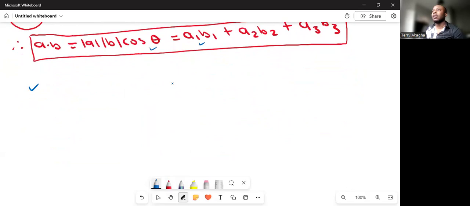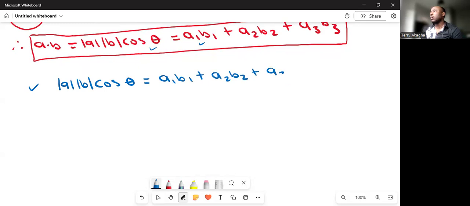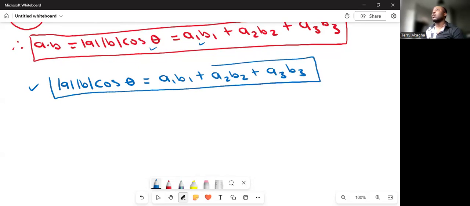Therefore, I can now say magnitude of A, magnitude of B cos theta is equal to A1 B1 plus A2 B2 plus A3 B3. You see, I've derived one formula now. If you go to the textbook, this is one of the formulas you've seen.